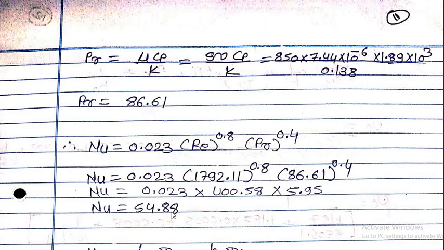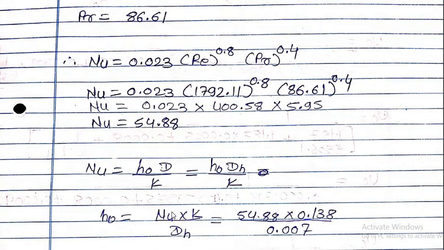So on that basis we can calculate the heat transfer coefficient for the oil. The outer heat transfer coefficient H0 will be calculated by using this equation for the Nusselt number. Nusselt number is equal to H0 multiplied by hydraulic diameter divided by thermal conductivity of the oil.